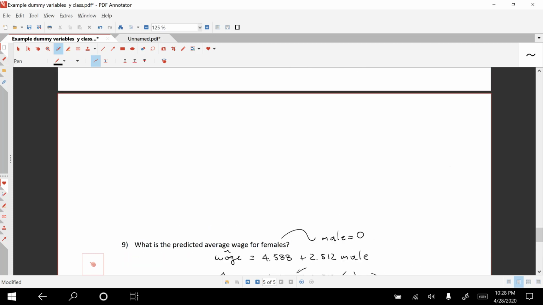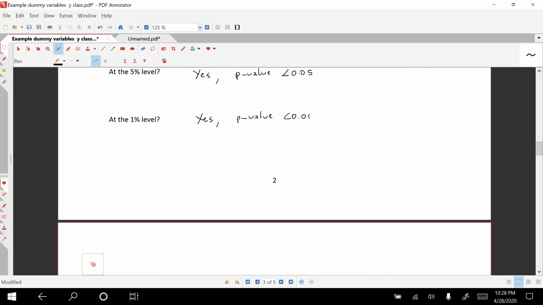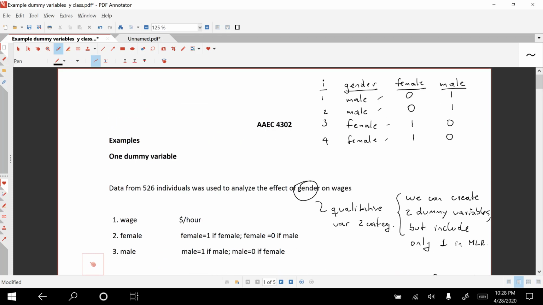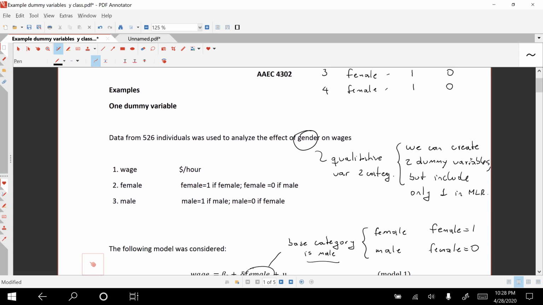Okay, so the bottom line, remember the idea here, what we were trying to do is estimate a model with a dummy variable that contains qualitative information about a variable regarding two categories.